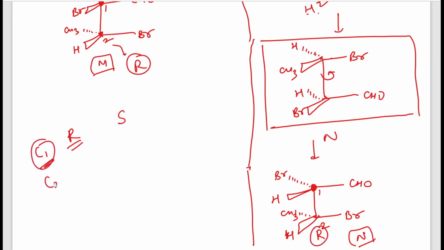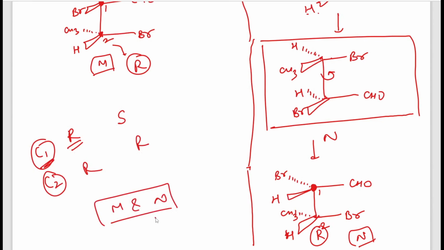For carbon 2, both have R and R configuration. So ultimately M and N are diastereomers.